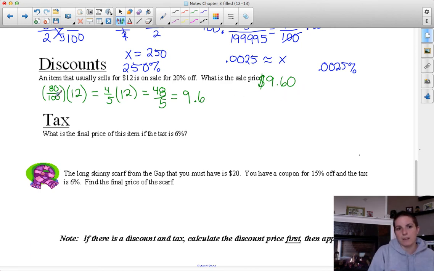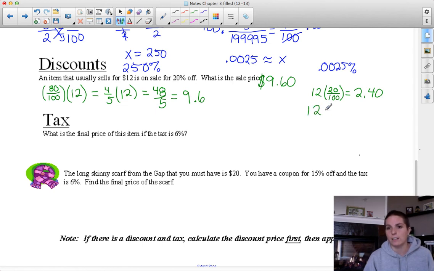So really I'm just recapping the fact that if I have just a single discount, I would do 80% this way. But I could also have done it the old-fashioned way like I did. You figure out what is 20%, so we do $12 times the 20%, which is 20 over 100, or 0.2, is equal to that $2.40 that we got, because we're dealing with money, and then subtract it, because it's a discount.